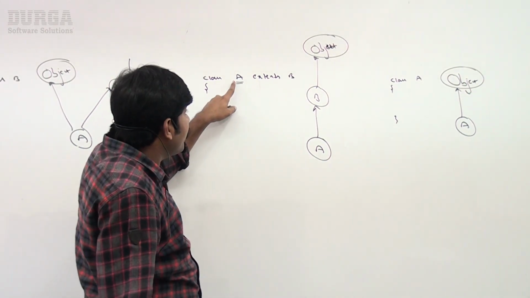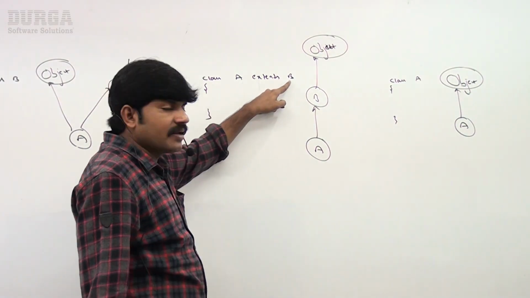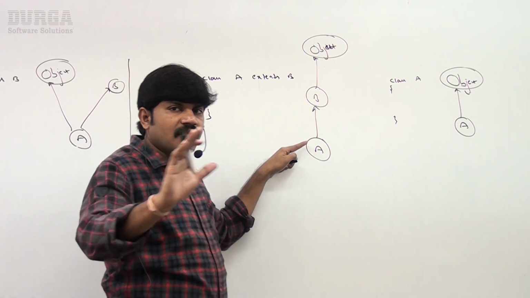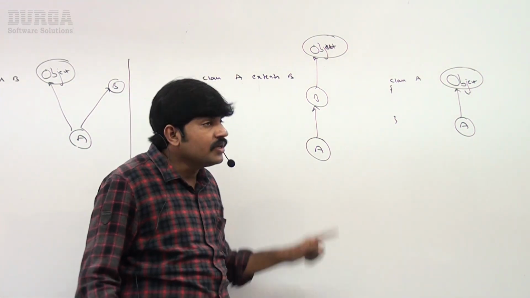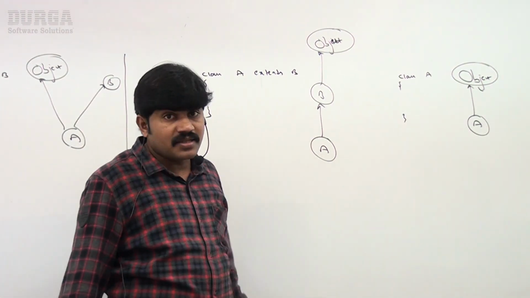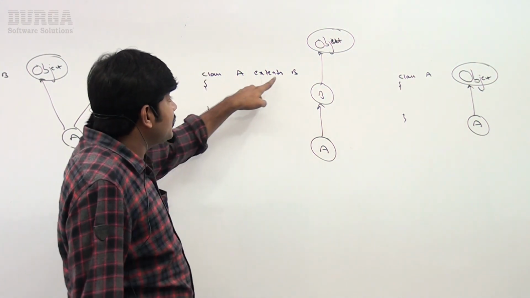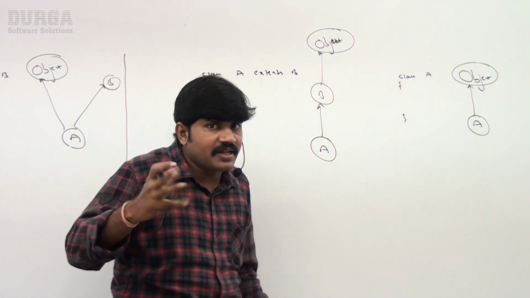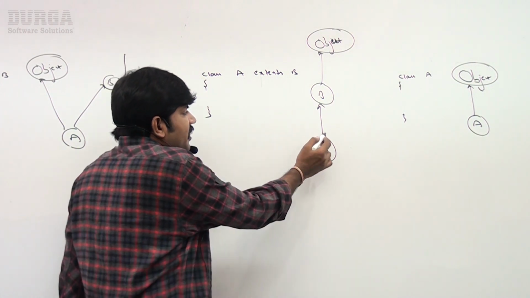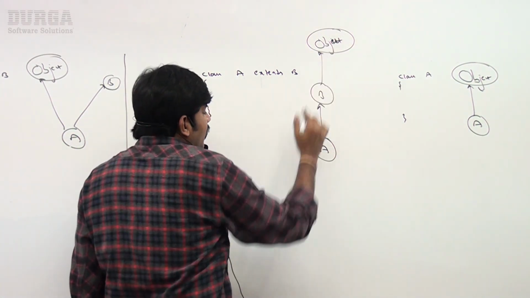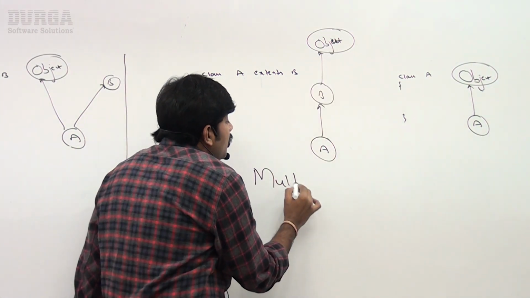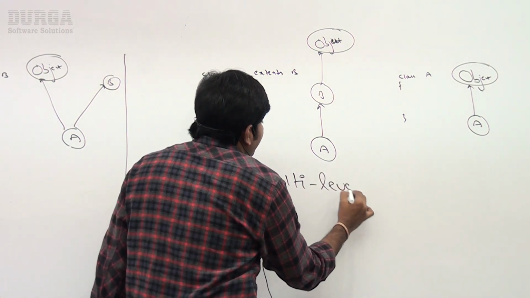So whenever we are extending another class, our class is not a direct child class of Object, it is an indirect child class of Object. So in this scenario, it is not multiple inheritance. A is the child of B, which is the child of Object. This is called multi-level inheritance.